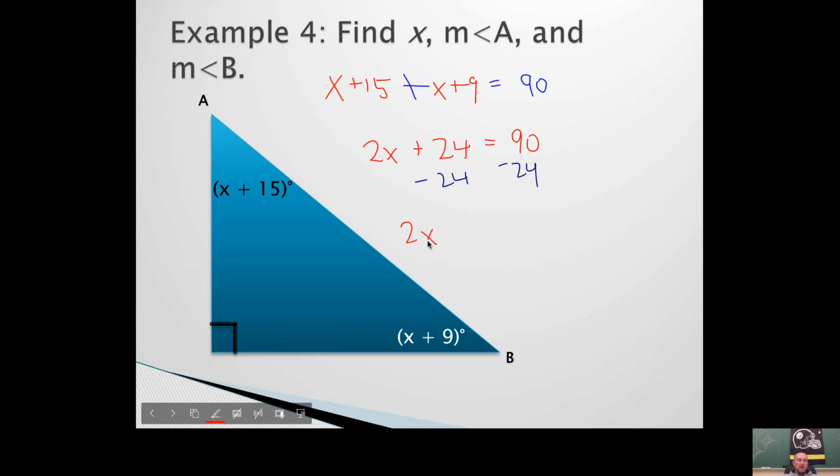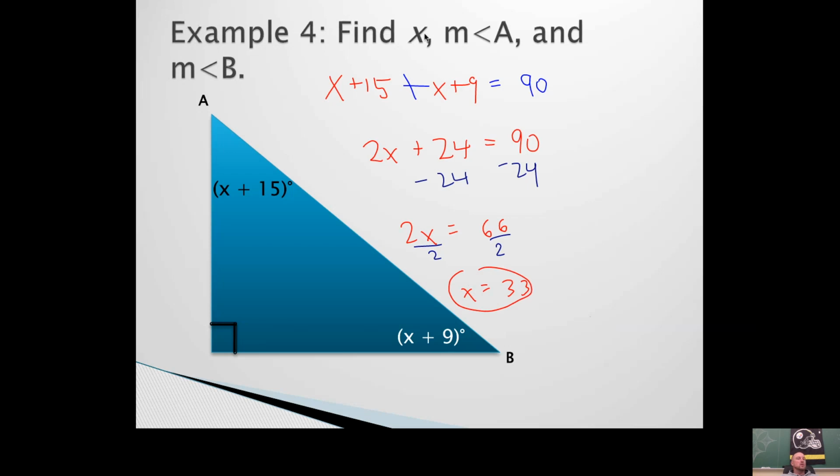That'll leave us with 2x equals 66. Divide by 2. X is 33.